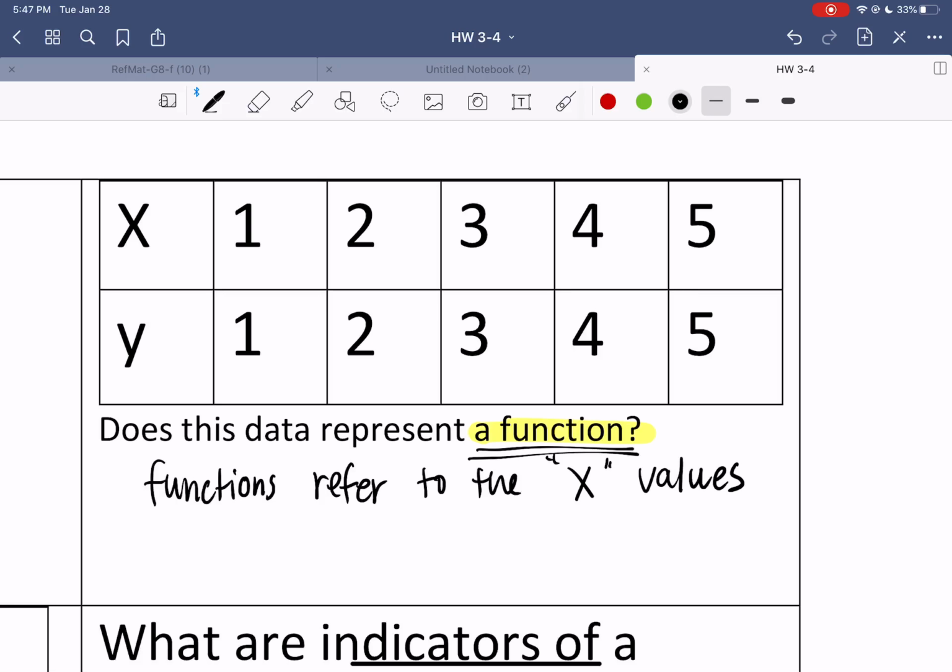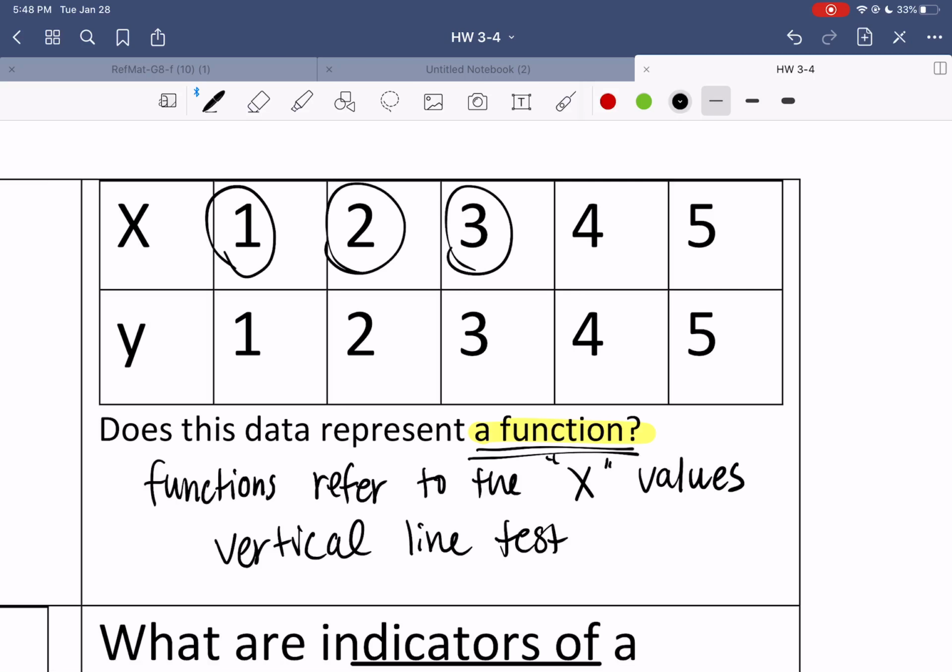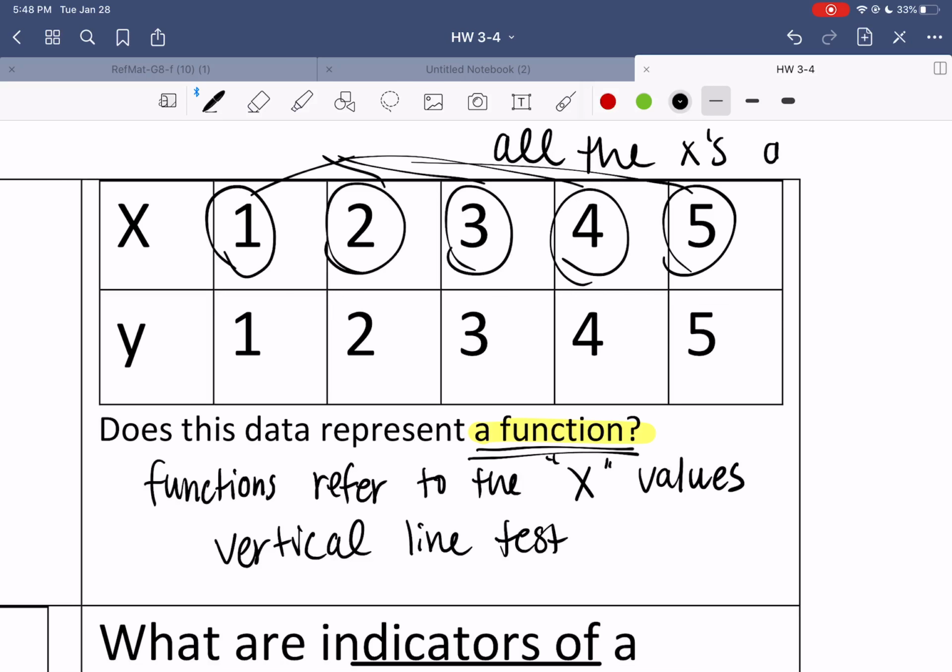So a function is talking about the vertical line test. So we have here 1, 2, 3, 4, and 5, and all the x's are different. So this is going to represent a function.